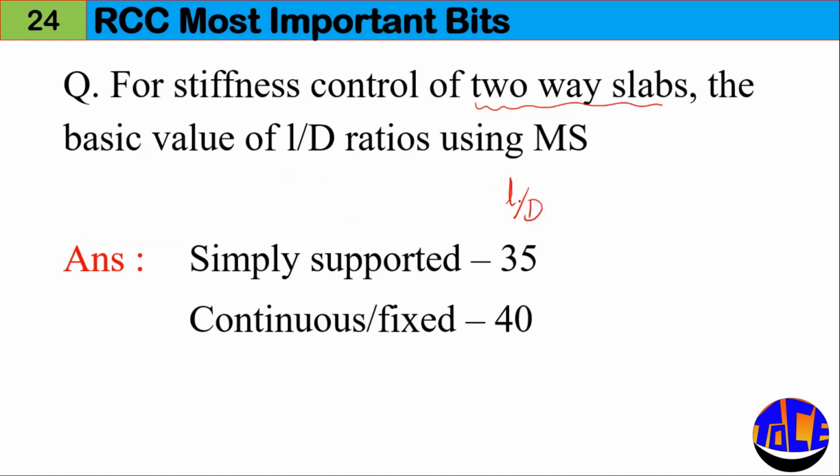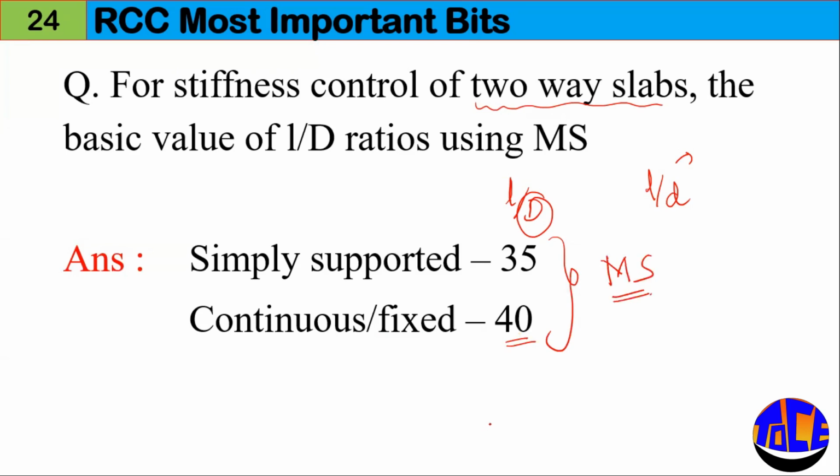Initially we have seen those values for L by effective depth. So L by effective depth values are for one-way slabs or beams, and L by overall depth is for two-way slabs. Remember, this is the difference. For simply supported two-way slab, the L by D ratio will be 35, and for continuous or fixed, the L by D value is 40. And these values are for mild steel, remember, these values are for mild steel.